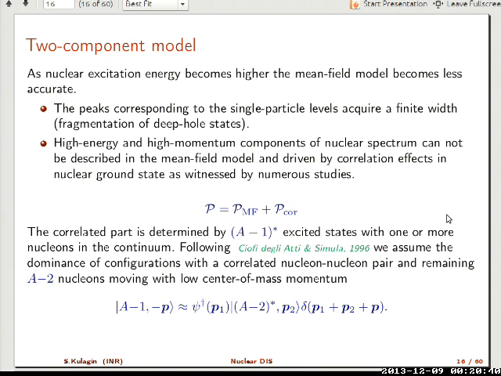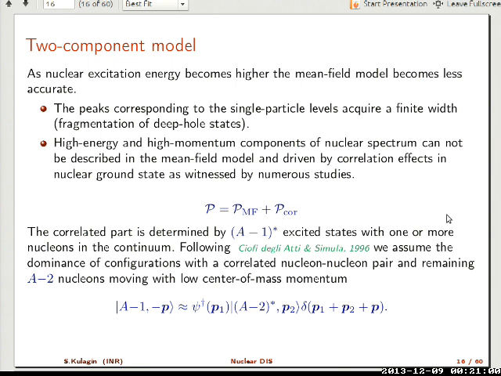And here is a model of the correlated part, which is based on a simple assumption that the final states are dominated by a correlated pair.